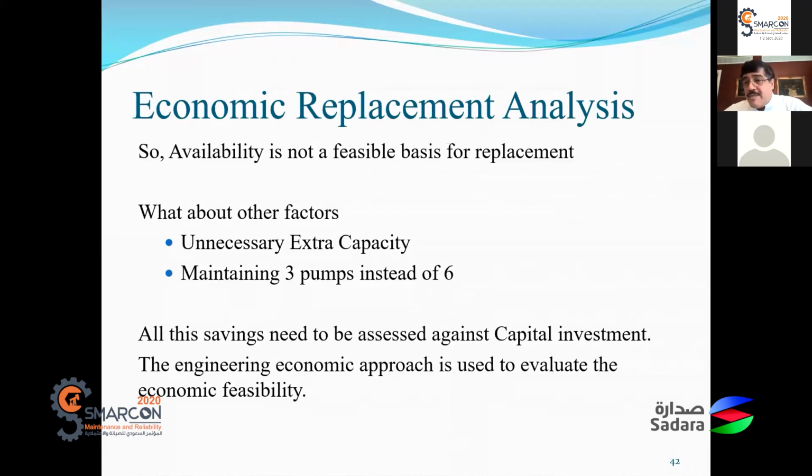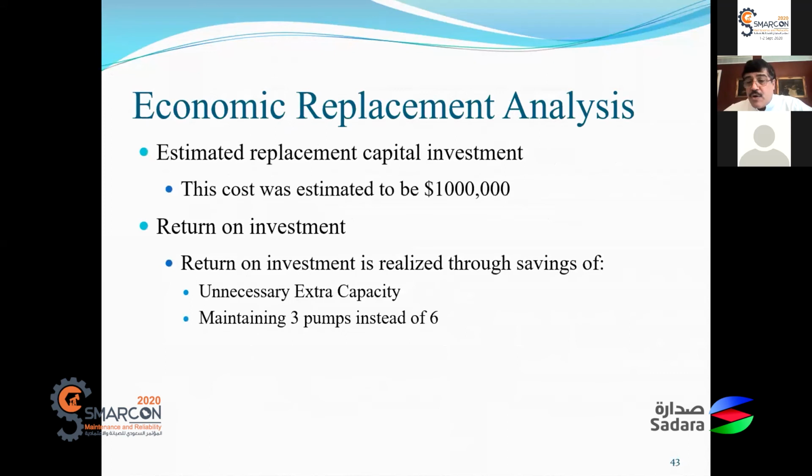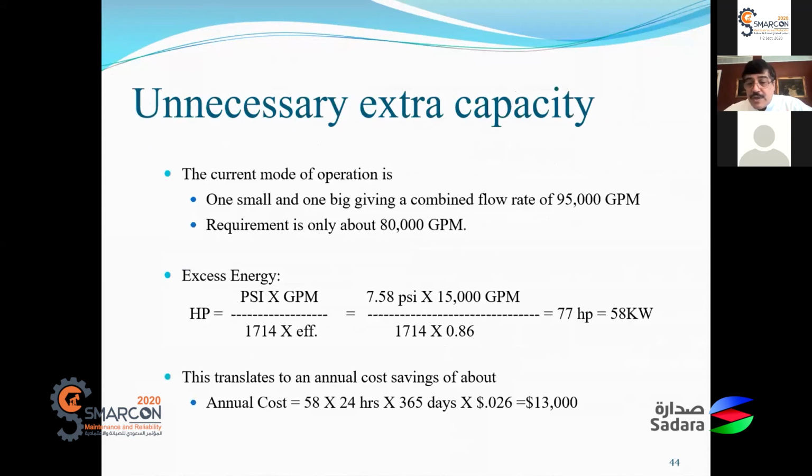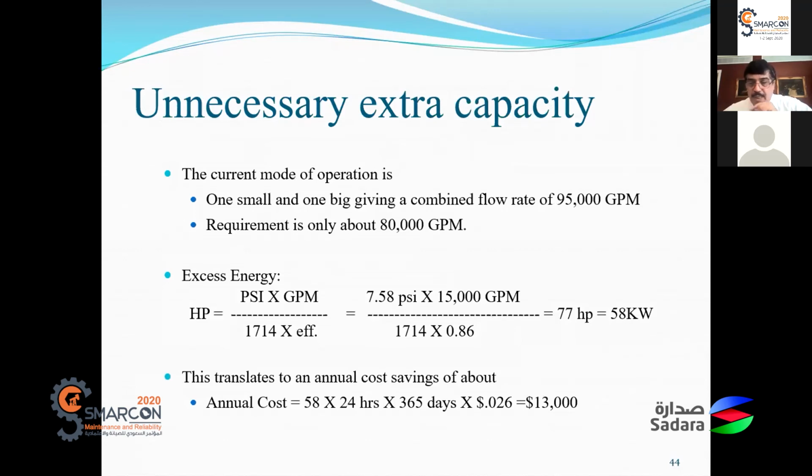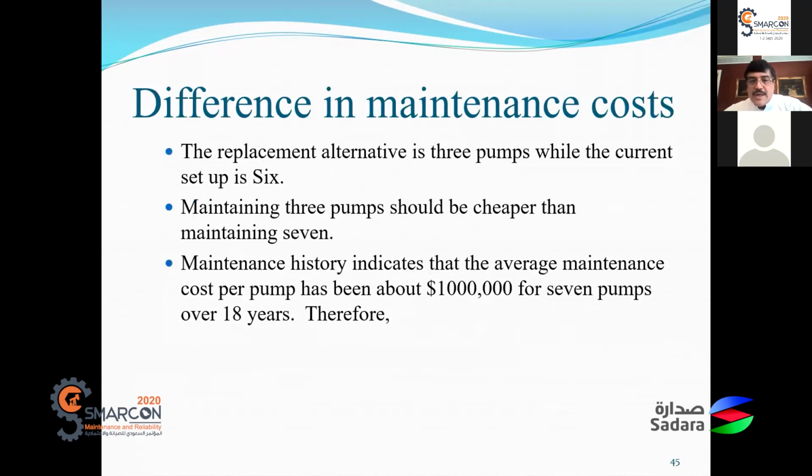We calculated the maintenance cost, the energy cost, and so on. I don't want to go into these details, but we got basically a total of around $45,000 per year saving if we go to the alternative. But we will be spending $1 million.